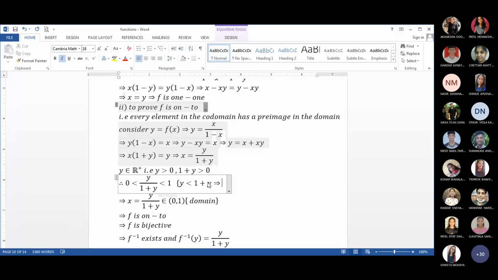Yes, sir. ओके, so y is less than 1 plus y. नाउ टेल मी, अगर ये इनइक्वालिटी को मैं 1 plus y से डिवाइड करता हूँ, तो विल द इनइक्वालिटी बी प्रिजर्व? यस, इट विल बी प्रिजर्व क्योंकि दोनों पॉजिटिव नंबर्स है. तो y upon 1 plus y will be smaller than 1. That is the reason कि y upon 1 plus y is smaller than 1. और वो दोनों पॉजिटिव है तो वो फ्रैक्शन भी पॉजिटिव होगा.